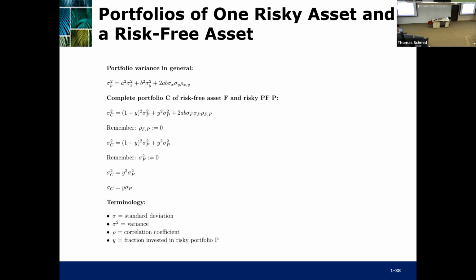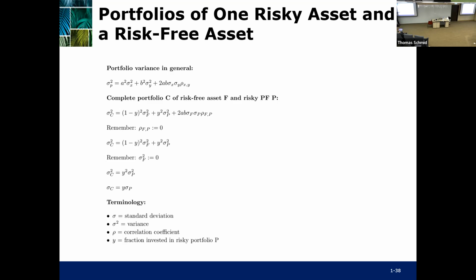Now we remember that the correlation between F and P is zero. So that actually means this 2AB term disappears because it has the correlation here. So that's zero, it disappears. So then we have the simpler term here. Then we remember, the variance of the risk-free asset is by definition zero. That's how it's defined. The same in every state, in every line.